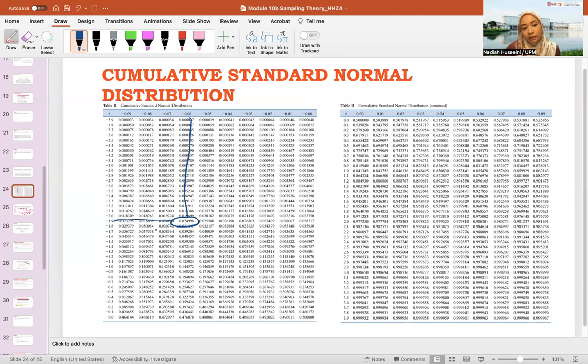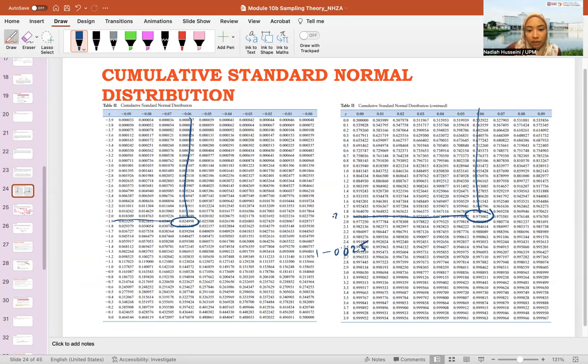So I'm just looking at the lower bound, 1.96. If I look over here, 1.96, it is this value. So 1 minus 0.025 would give me 0.975. So this is the value that we got from our alpha.